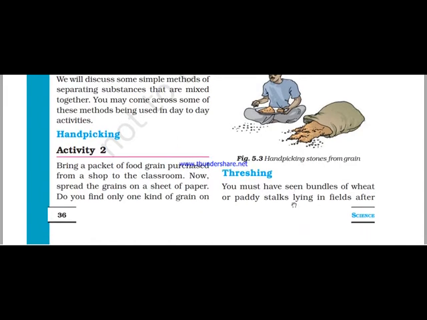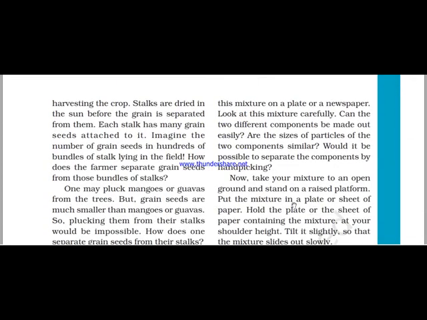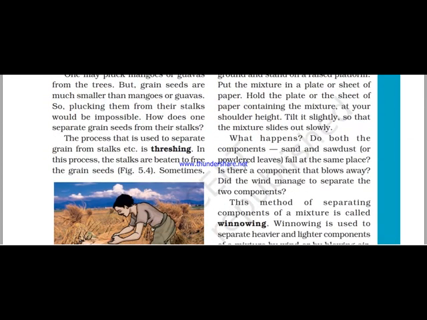Threshing is the method which is used to separate the grains from the stalks, or we can say the stems of the plant. Stalks are the stems of the plant in which the grains are present, right? So the grains are separated from the stalks with the help of threshing.